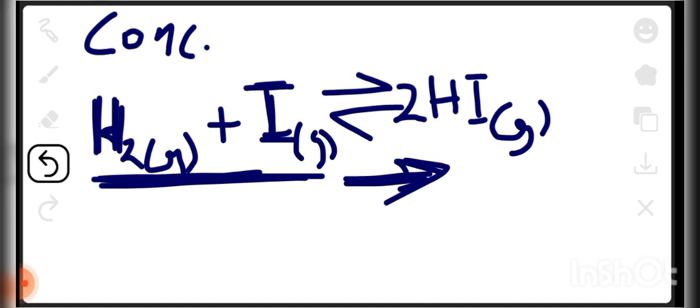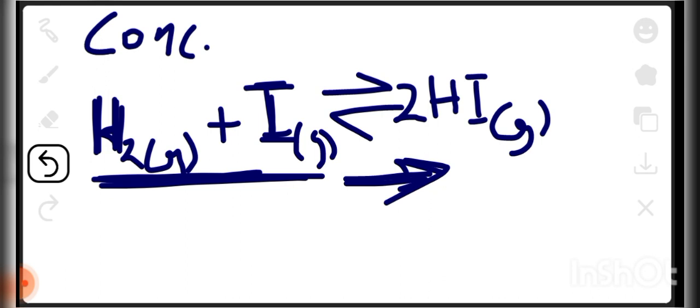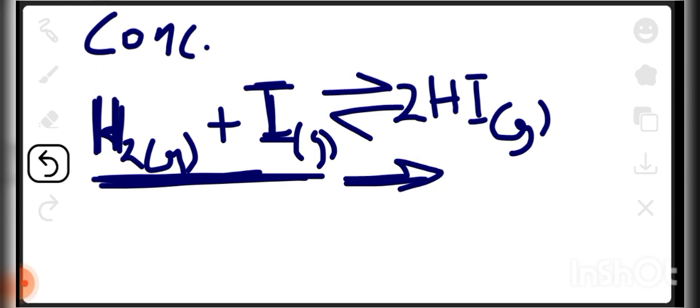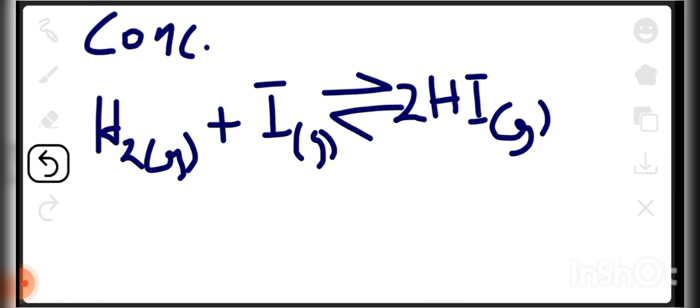If you add more reactant, the product will be favored. If you add more product, the reactant will be favored. That's just how it is.